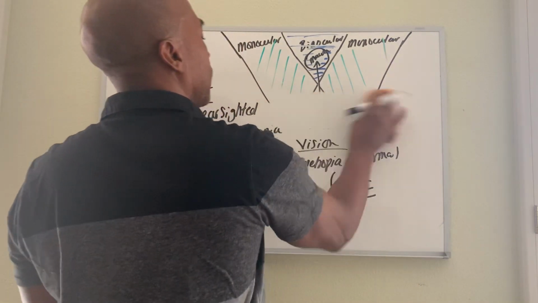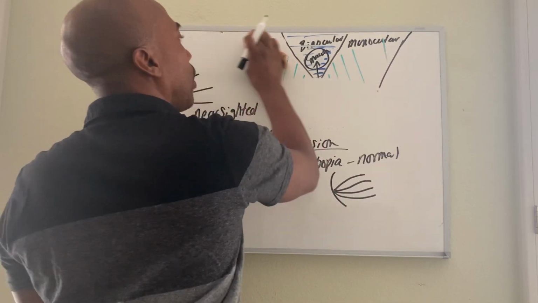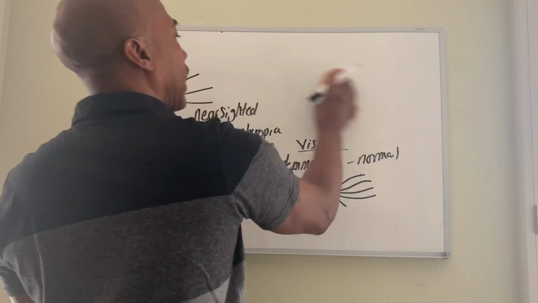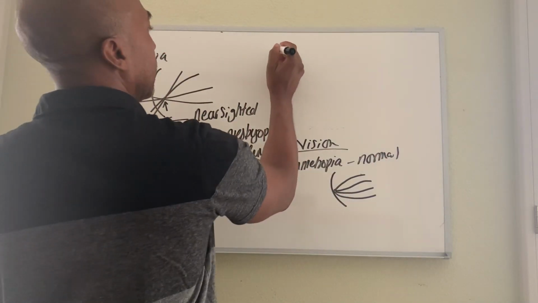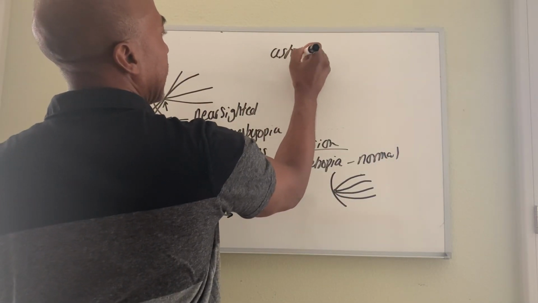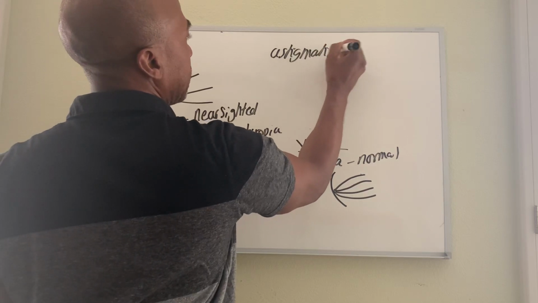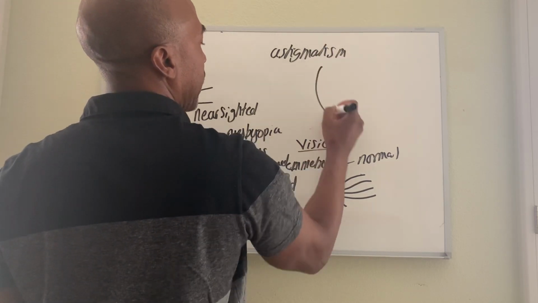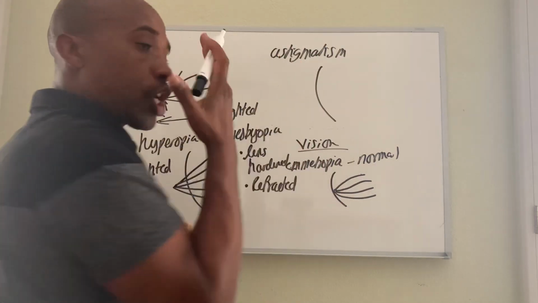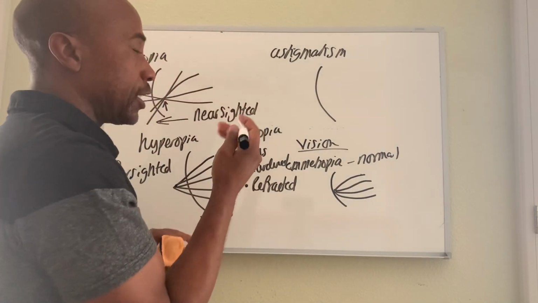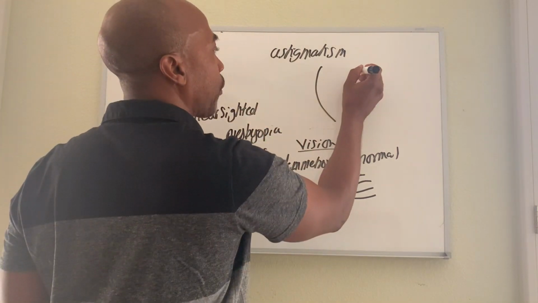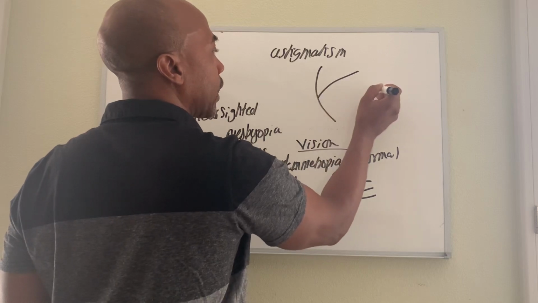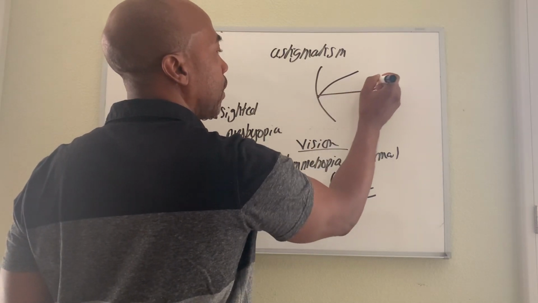Let's try another visual problem that you may have. One's called astigmatism. In astigmatism, again, here is the retina. Here now, your lens is miscurved, it's not curved evenly, and so some light rays come in, focus, some focus there, some do not adapt.